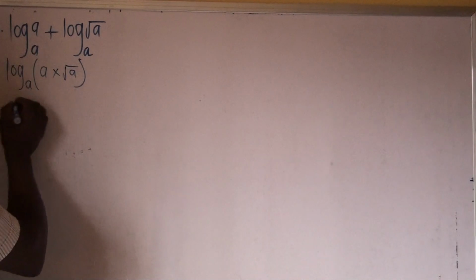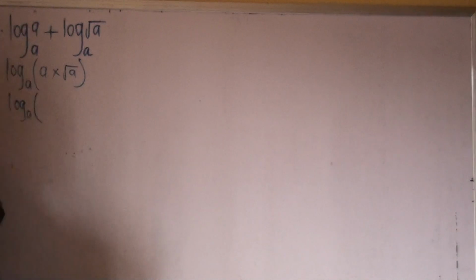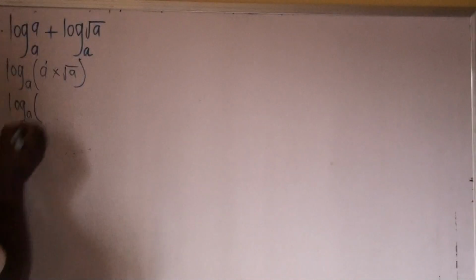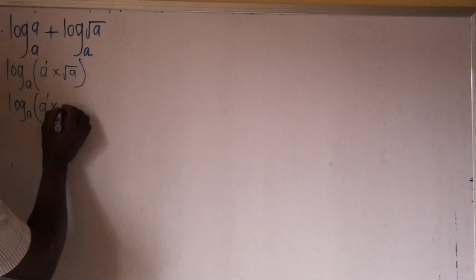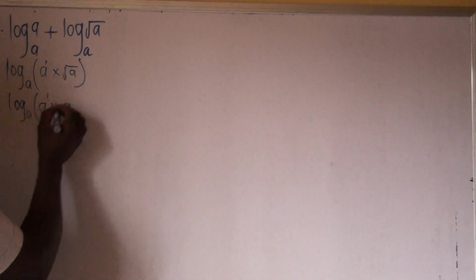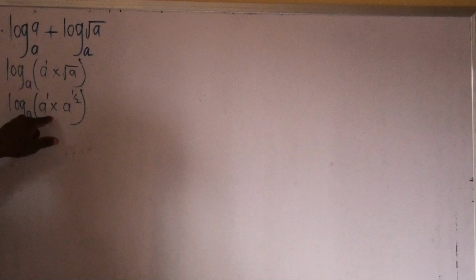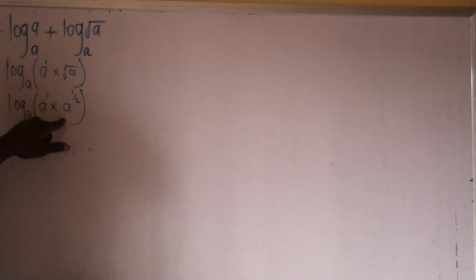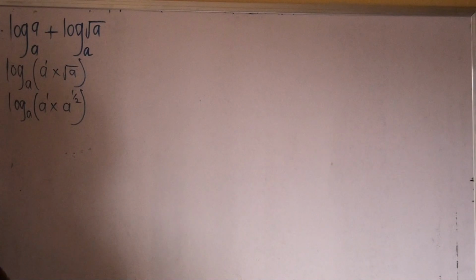If you look at this carefully, this is a raised to power 1 times the square root of a, which means a raised to power half. This is indices, so we can operate with the laws of indices.